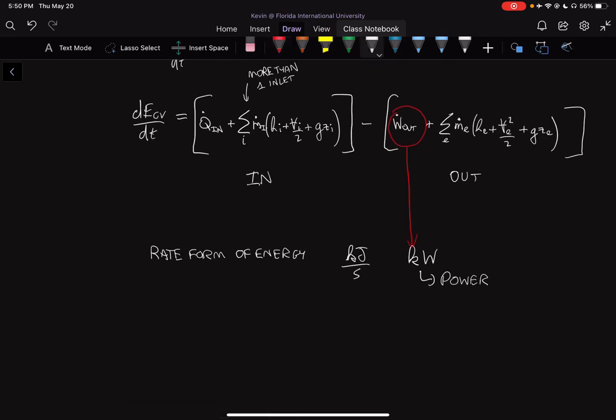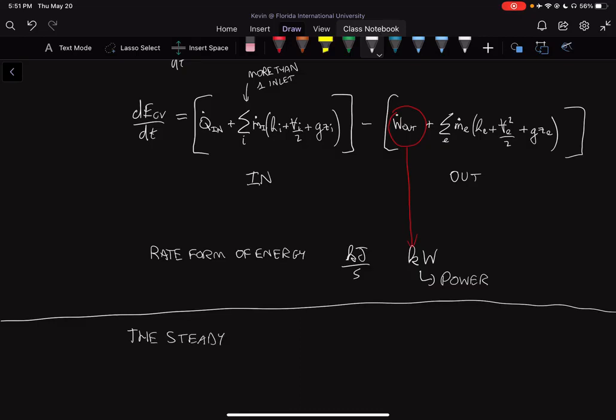Okay, so moving forward from this. In this class, we said we're going to look at the steady state process, which is a steady flow process, and an unsteady flow process, which is our transient process. So we're going to start by looking at the steady state process, or the steady flow process.